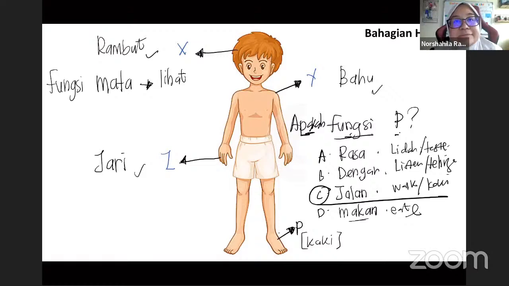Okay, any question for tubuh badan? All good? I put up some exercise for you so you can do it in your own time. So now it's 3 o'clock.